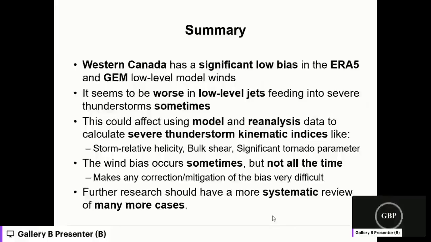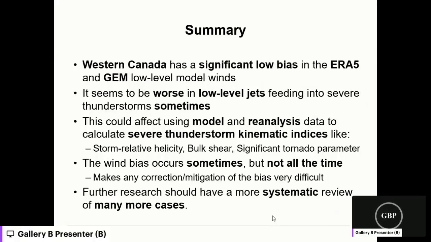So having these big discrepancies in the wind in the low levels, of course, like we said before, it feeds into the storm relative helicity, it feeds into the bulk shear, and then it feeds into things like the significant tornado parameter, and they're all affected by it. And like I said, they occur sometimes, not all the time. So you're sitting there trying to forecast stuff. You never know if it's going to be a bad day or a good day for this.